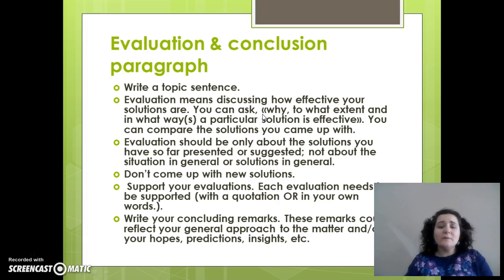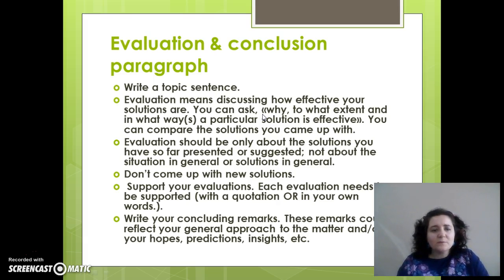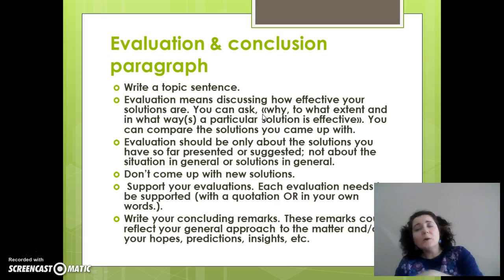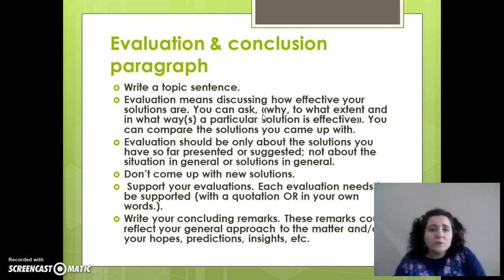So don't evaluate anything in general, but evaluate the solutions that you have so far discussed, because this is a specific field that you are writing about. It could be food security, sustainable fashion, engineering, or human resources, whatever it may be. It is a very specific thing, and the reader may not follow you if you are writing about something which you have not discussed or which is not worth writing there.